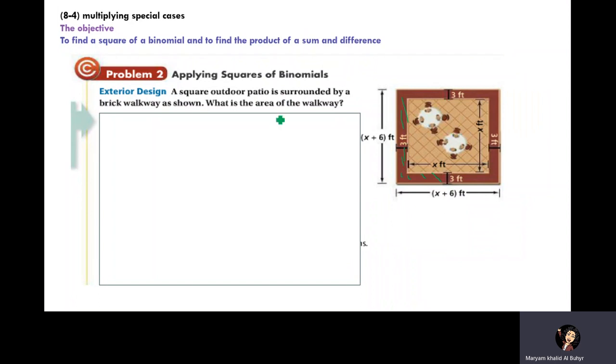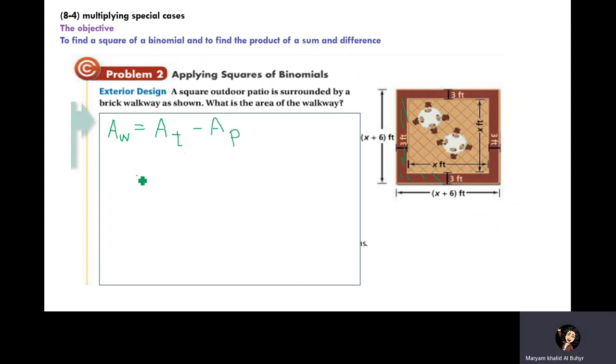Let's find the total area for all this big square. So what is the area for this square? Let's directly say the area of the walkway, I will write W, which means the area for the walkway, which equals the total area, I will write T, minus the area for the patio.